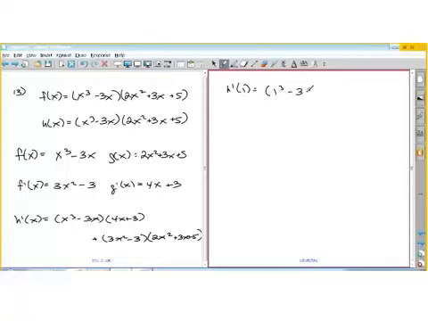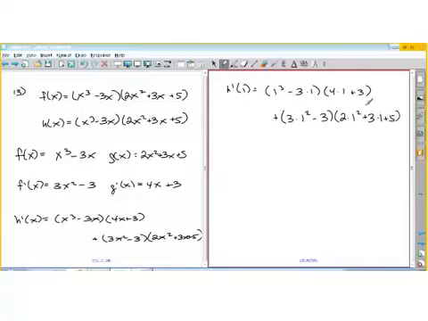So you'd have 1 cubed minus 3 times 1 for this first term. You'd have 4 times 1 plus 3. The second term would be 3 times 1 squared minus 3, times 2 times 1 squared plus 3 times 1 plus 5. Then you just work it out.